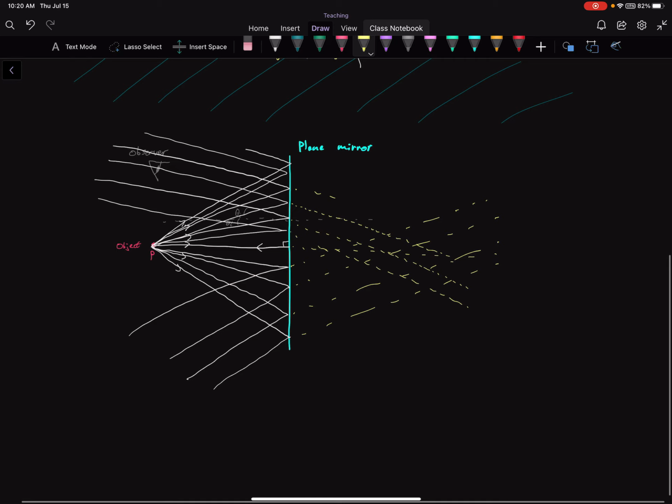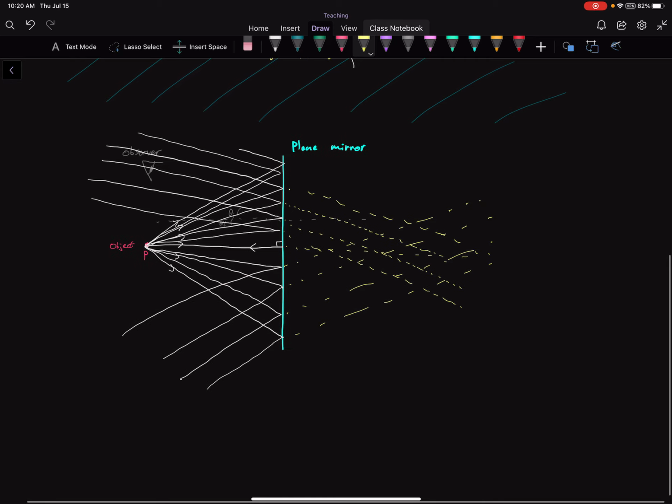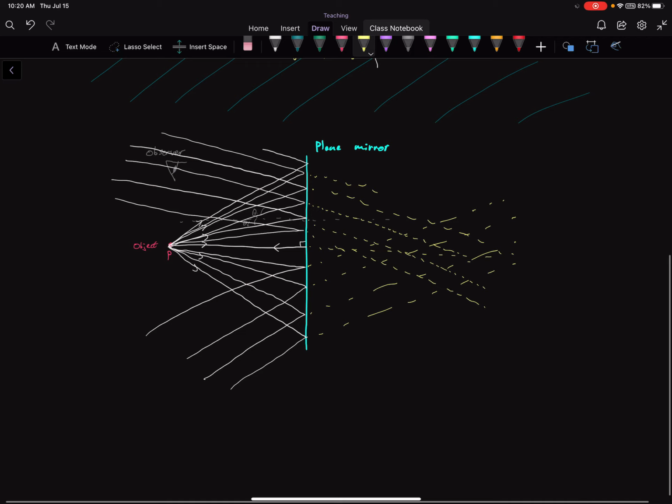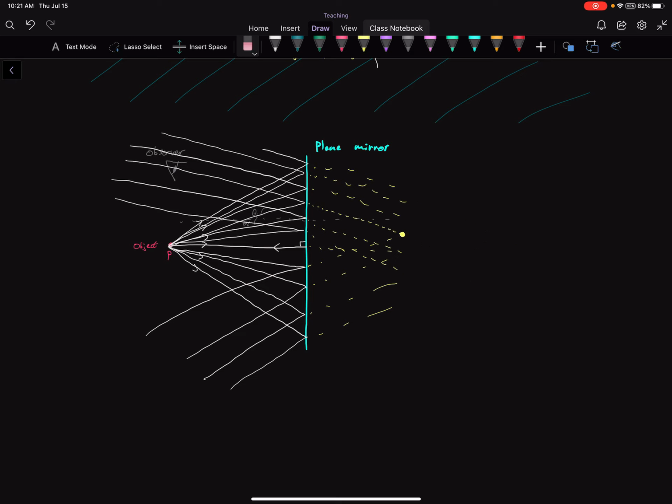It gets a little cross-hatched and confusing, but when I remove some of it, we will see there is a point here, if my drawing were perfect, somewhere right about here. So if I erase all the other stuff back here, there is a point that it all converges at.